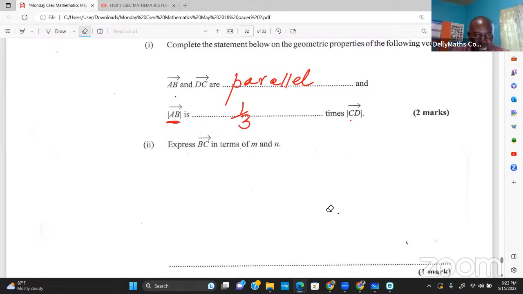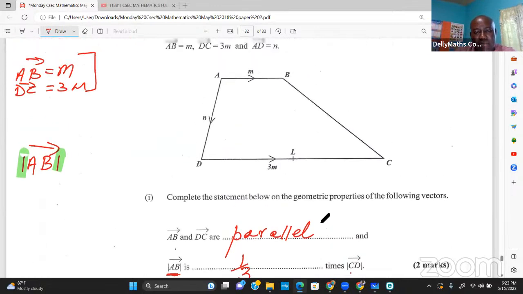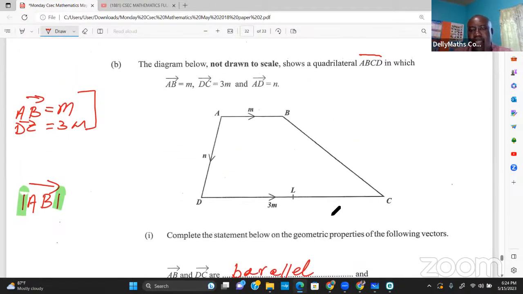Now the next question says, express BC in terms of M. So let us take a look, BC. We want to express BC in terms of M. So we want to travel here. Now we're thinking, if I want to go there, what's going to be the route?